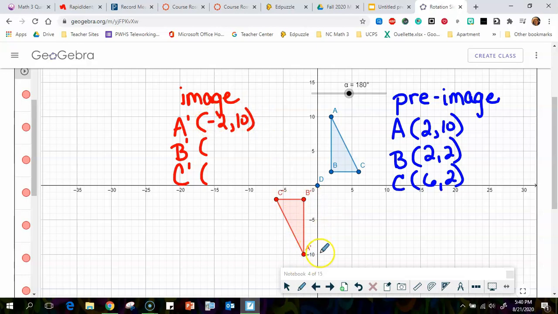B prime is at negative 2, negative 2. And C prime is at negative 6, negative 2. Oh, I see what I did. This is negative 2, negative 10. I put positive 10.